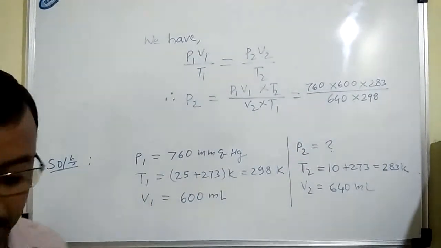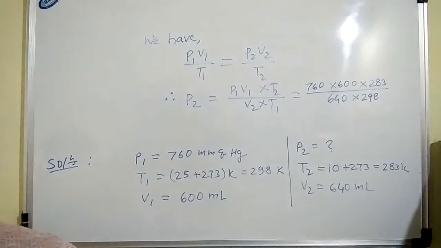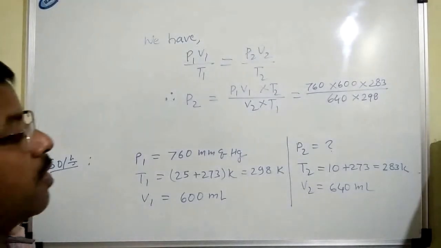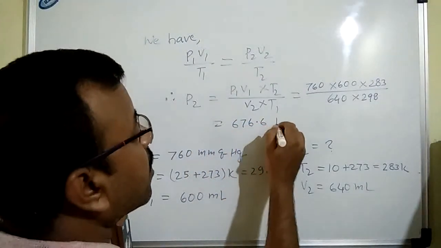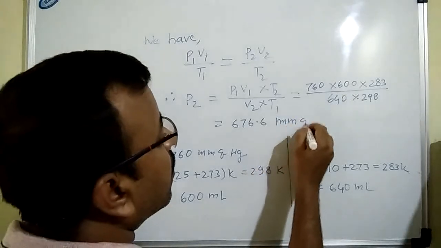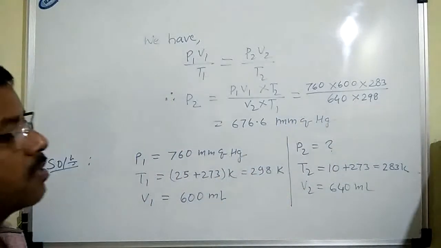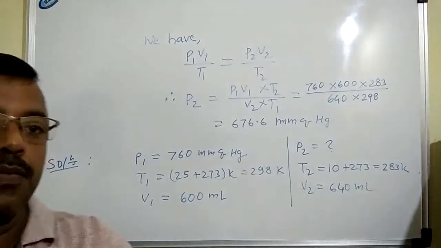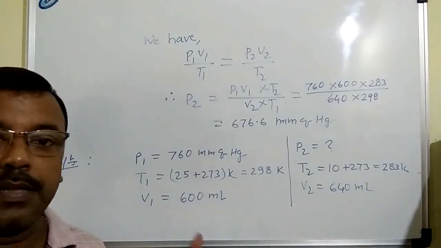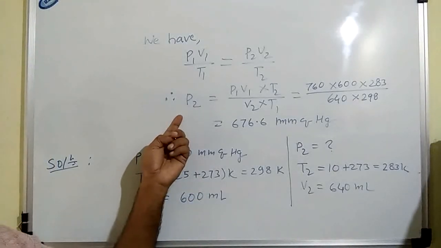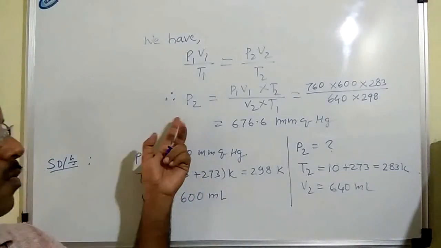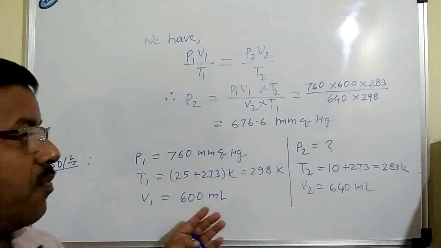Now we will solve it, and we will get the value 676.6 mm of Hg. In this way we apply the law to calculate the unknown variable. Out of 6, 1 is unknown, and in this way we have calculated.